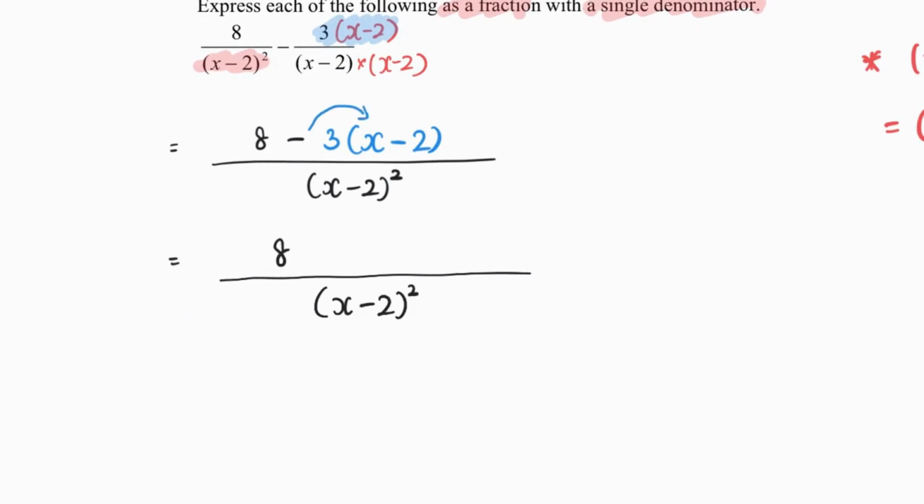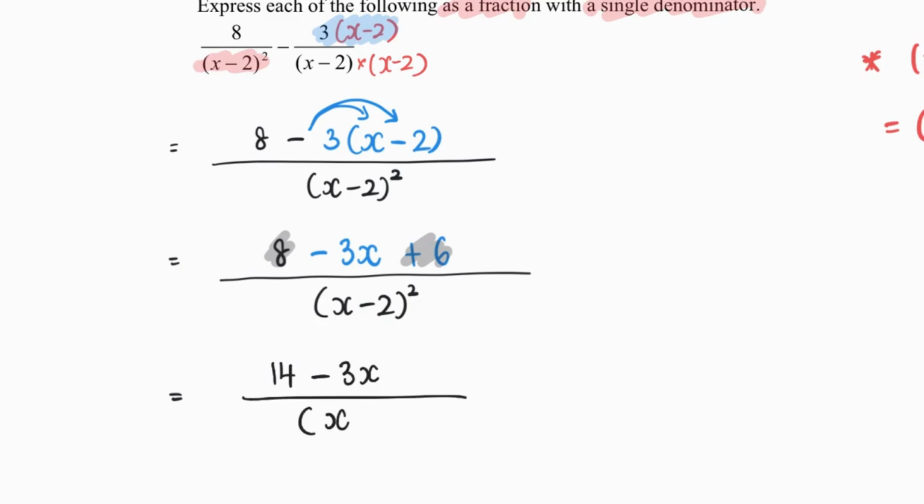Negative 3 times positive x, negative 3x, negative 3 times negative 2, positive 6, and then that will give me 8 plus 6, 14. Still got my negative 3x. The whole thing is over x minus 2 bracket square.